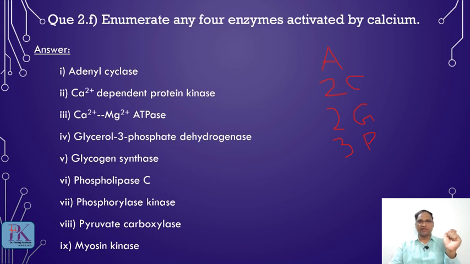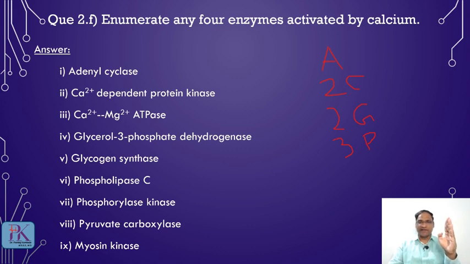So 2C. Then comes your 2G: glycerol 3 phosphate dehydrogenase and glycogen synthase. Then comes 3P: phospholipase C, phosphorylase kinase and pyruvate carboxylase. So remember any four enzymes.